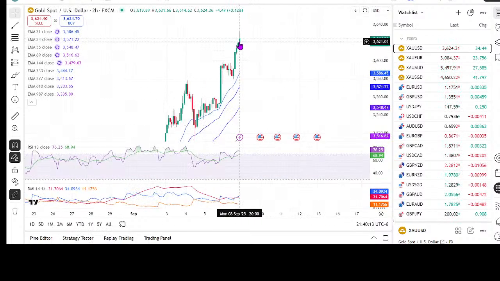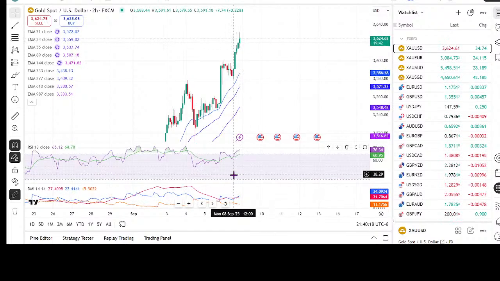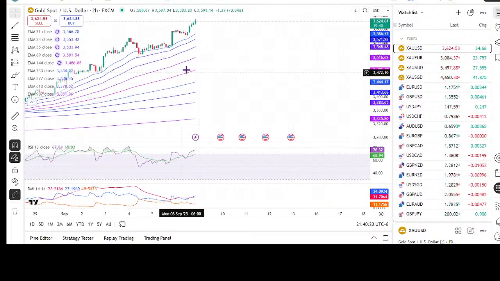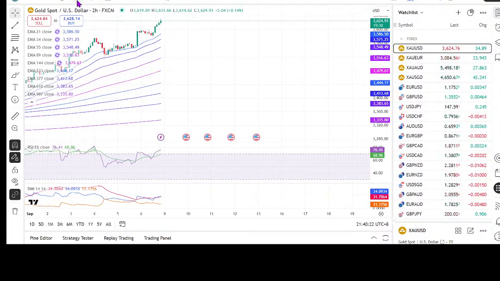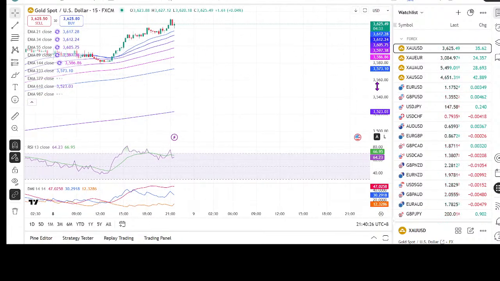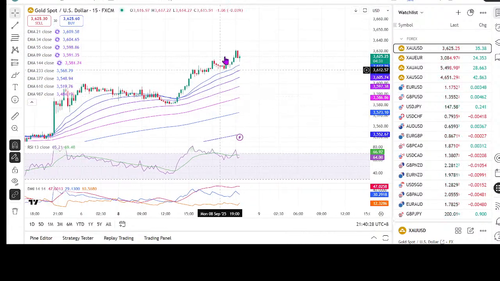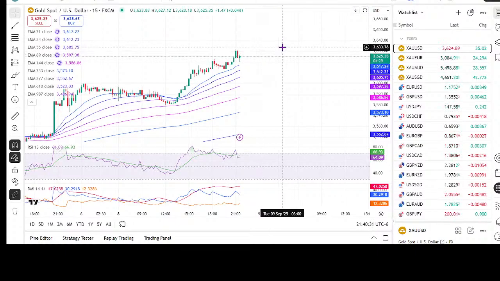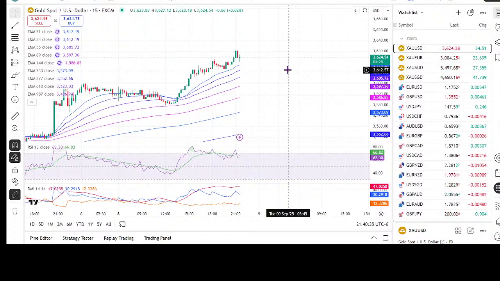Then when we look into the 2-hour chart, this is going to end in another 20 minutes. Right now, if we are seeing this setback, that means for the next 2 hours we can expect the price to move lower or test the immediate support.